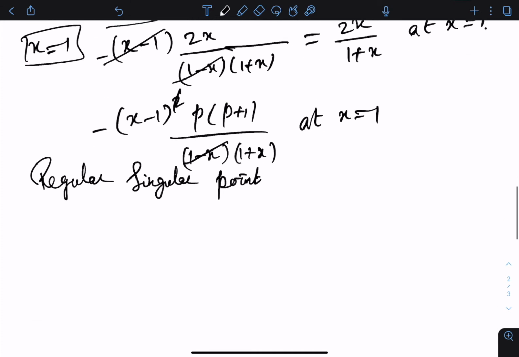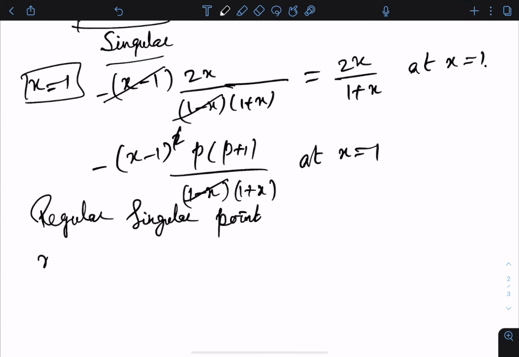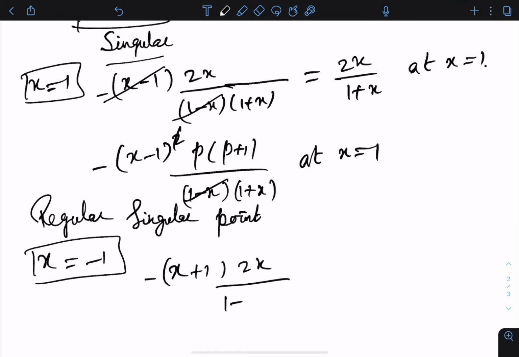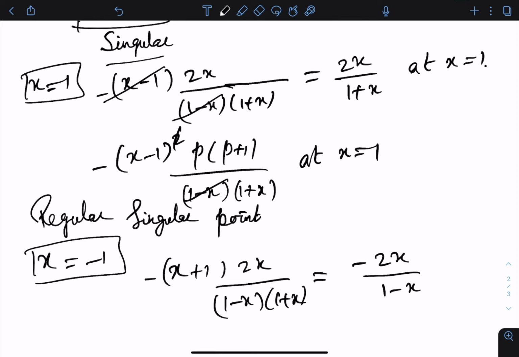The same thing will be valid for x equal to minus 1. If you take x equal to minus 1, you have to multiply by x plus 1 times minus 2x over (1 minus x)(1 plus x), and that gives you minus 2x over (1 minus x), which is analytic at x equal to minus 1.